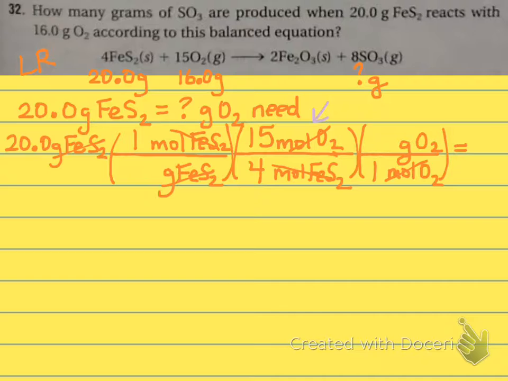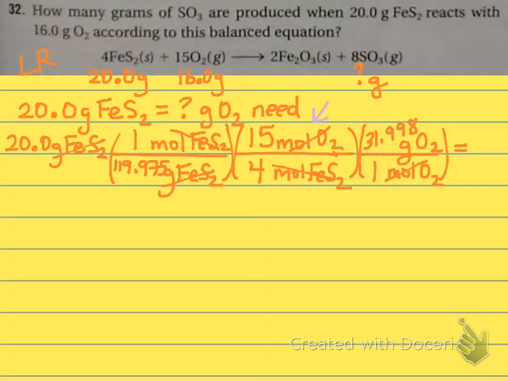So I have 1 iron at 55.845 plus 2 sulfurs at 32.065, so about 119.975 grams. And then for oxygen, I have 2 at 15.999, so that's 31.998. You just want to make sure you use at least 3 significant figures.